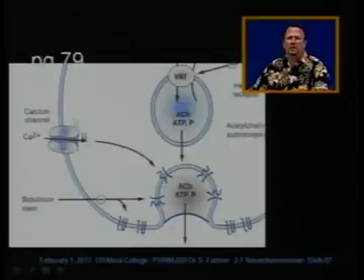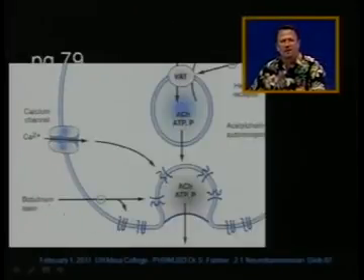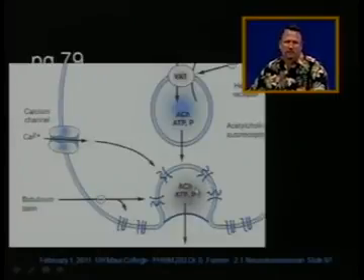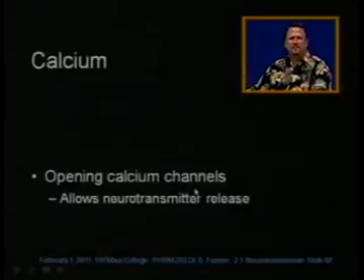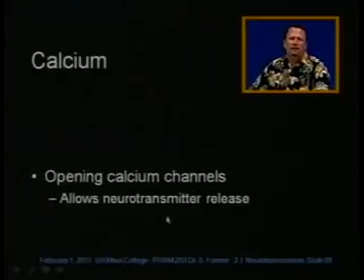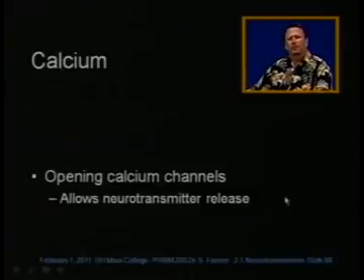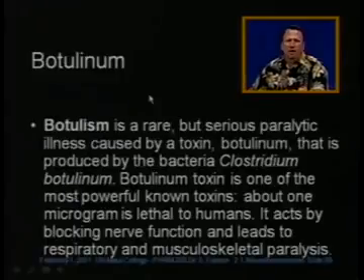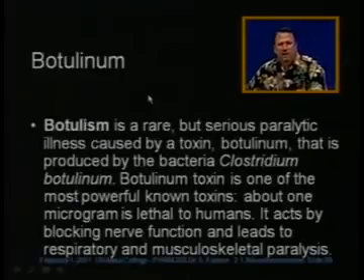This is something that I wanted you to keep in mind. Notice botulinum toxin also prevents acetylcholine from being released from the cell by blocking the release of acetylcholine. And I said that opening sodium channels allows for neurotransmitter release. This is important for you to remember. Botulinum toxin, we know about this from botulism.